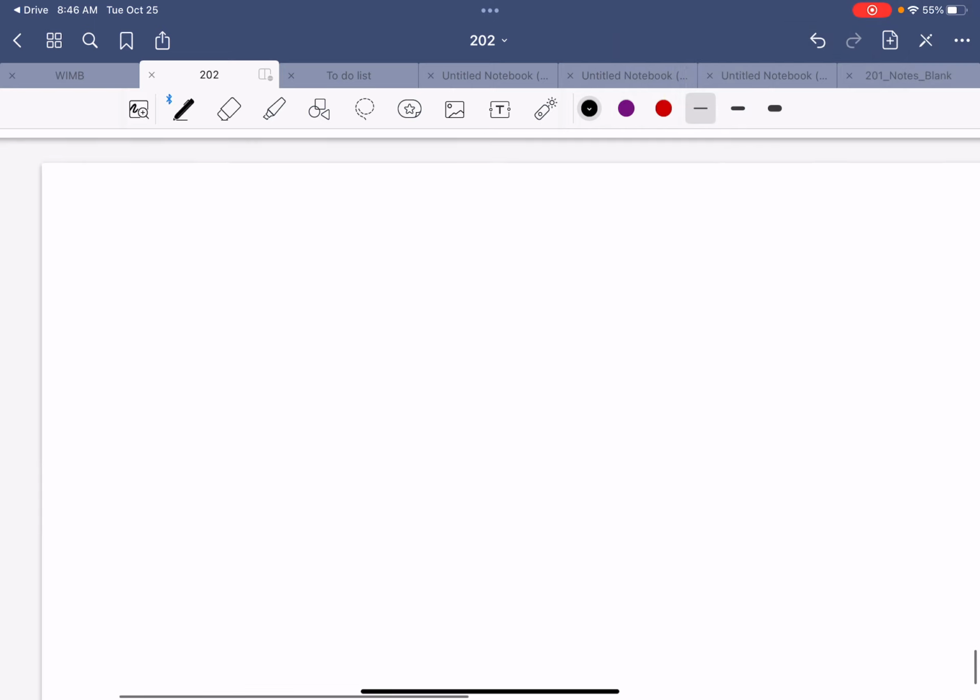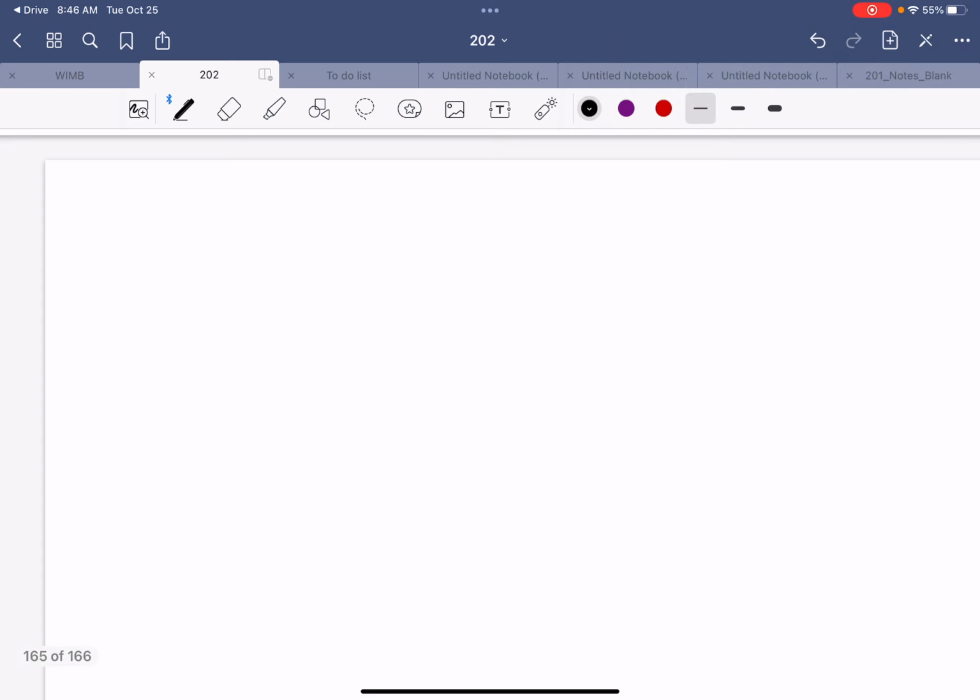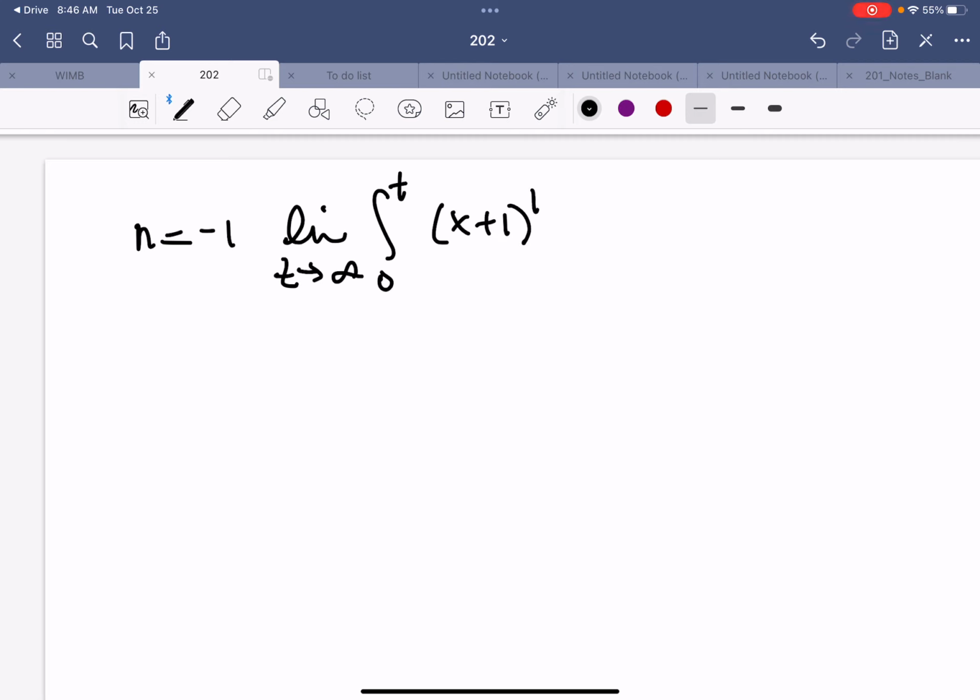Then what happens if it's negative? If n is equal to negative 1, then you have the limit as t goes to infinity, integral from 0 to t of (x plus 1) to the positive 1 dx.